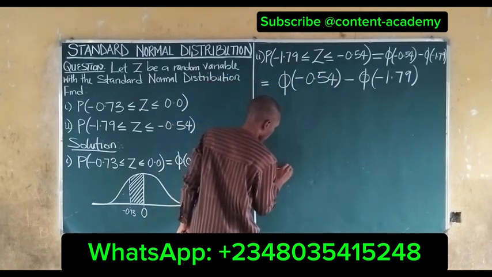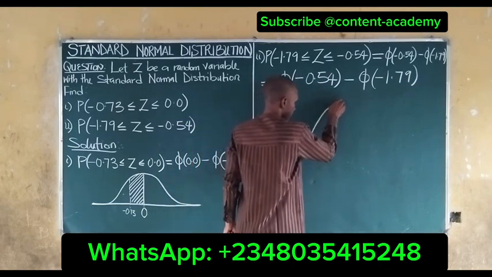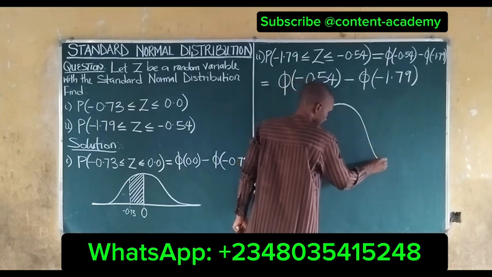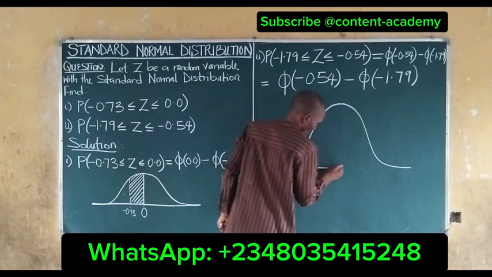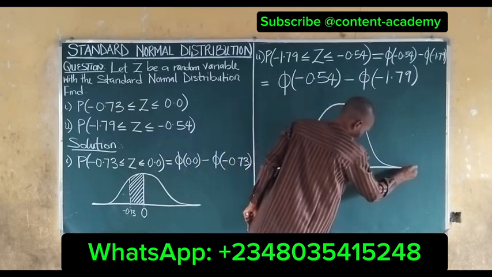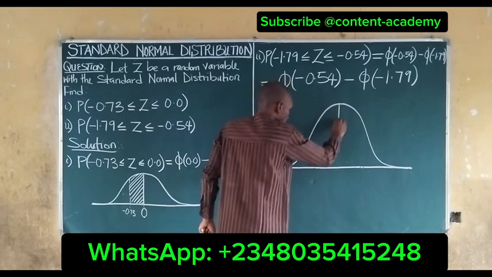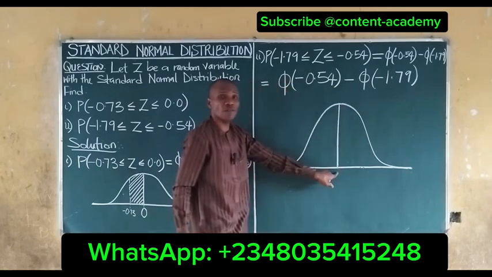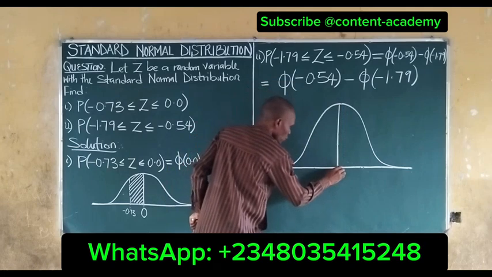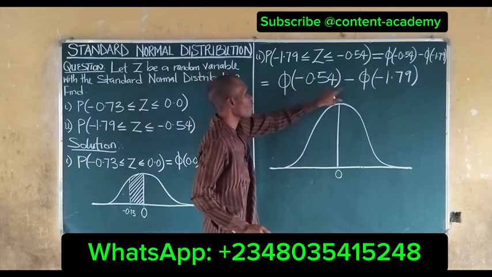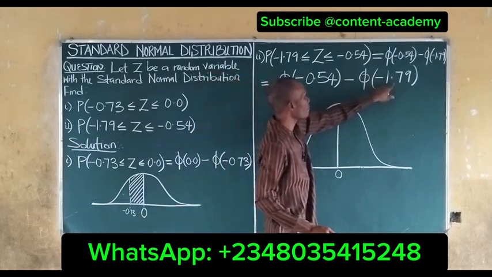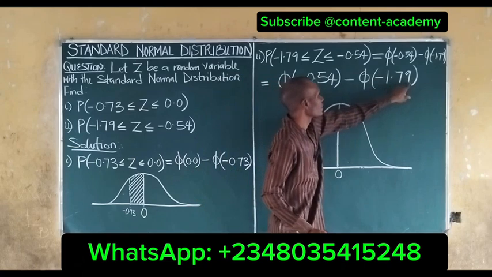Our curve can be drawn like this. Of course, we know this point is 0. Now we have 0.54 and 1.79.